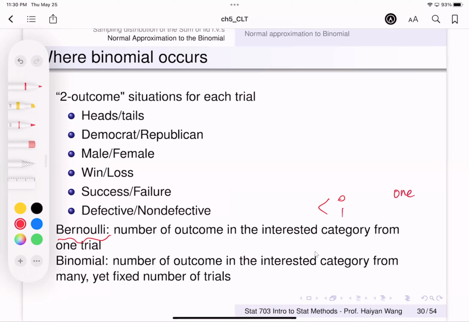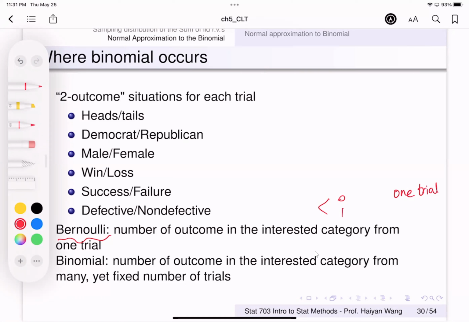The experiment has only one trial, and this one trial will give us the outcome of either 1 or 0. The next one is called a binomial experiment. In this case, we're considering multiple Bernoulli experiments, in fact a fixed number of those Bernoulli trials, and each one of the Bernoulli trials gives us success or failure, so 1 or 0, but we are interested in the total number of ones out of a fixed number of trials, and we assume that these different trials are independent.